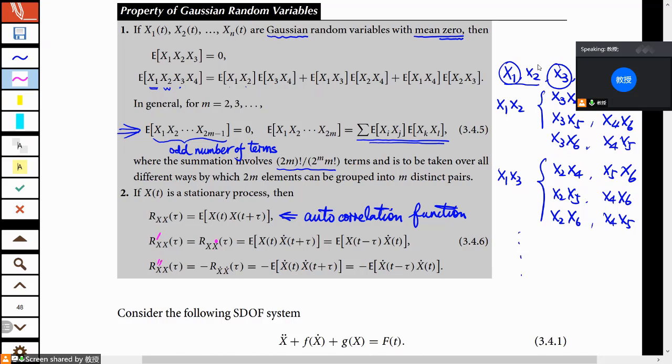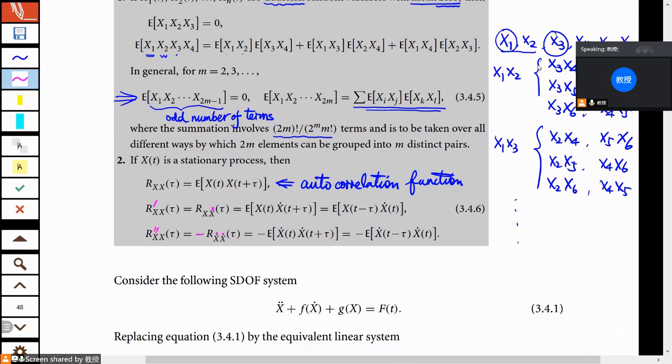And the double prime is the correlation function of x dot and x dot, with a negative sign. Okay, so we take these formulas as known or given.